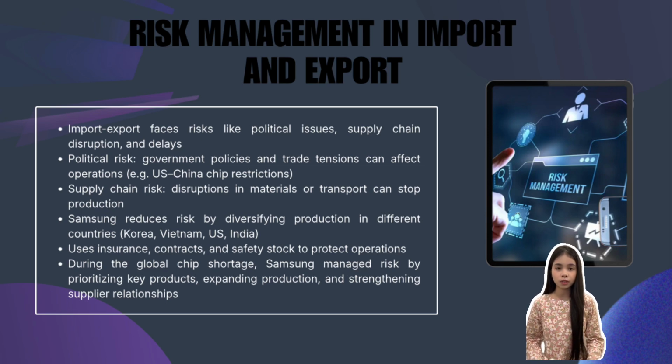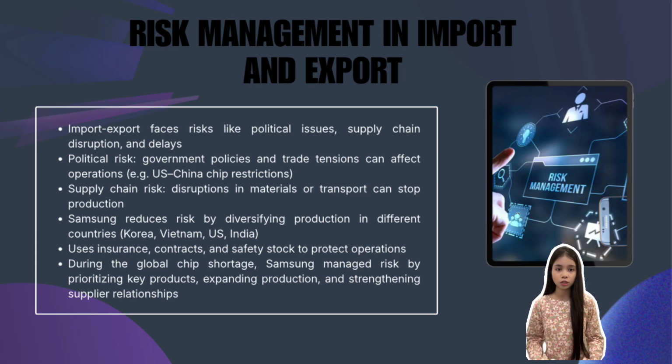For example, the US-China tensions in the semiconductor industry have severely impacted Samsung's operations and production in China. Supply chain risk, on the other hand, happens when materials, suppliers, or transportation are disrupted. Since Samsung depends on supplies from many countries, any disruption can delay production and delivery worldwide.